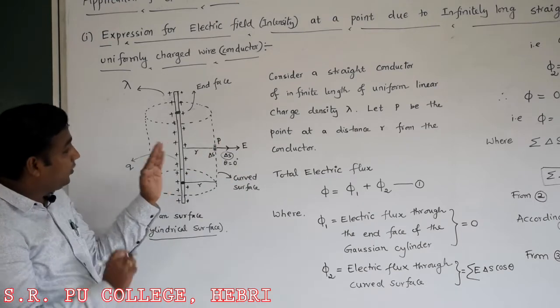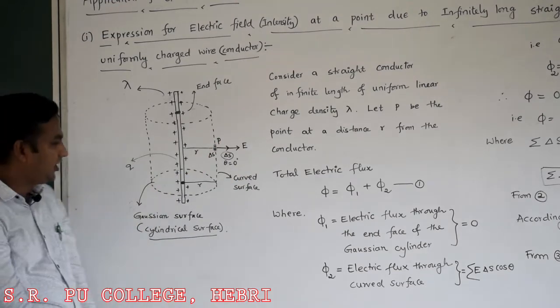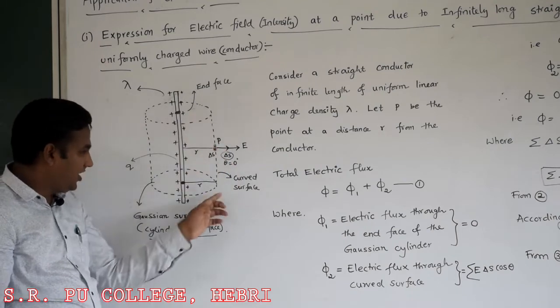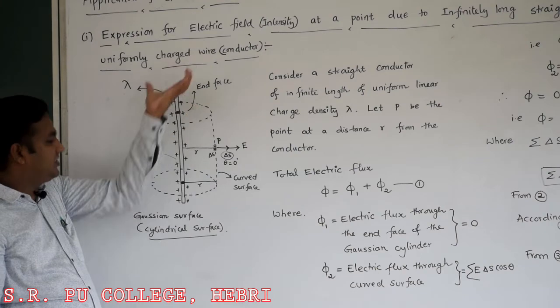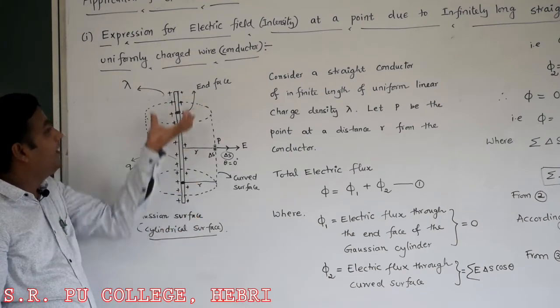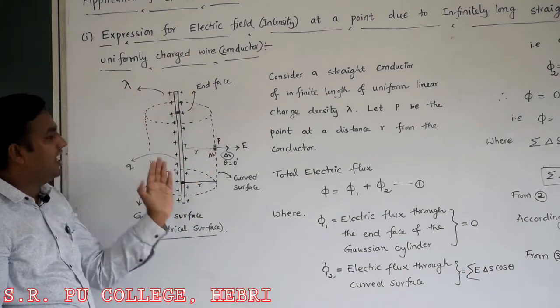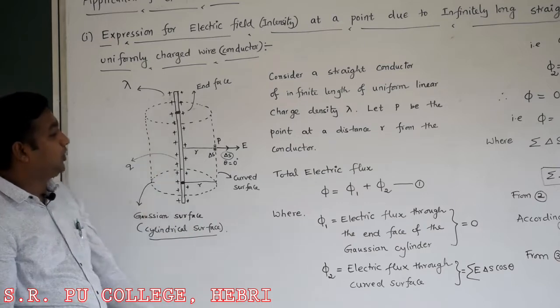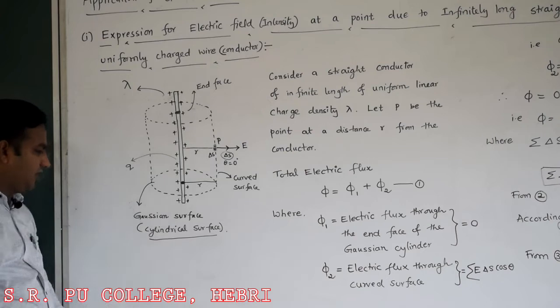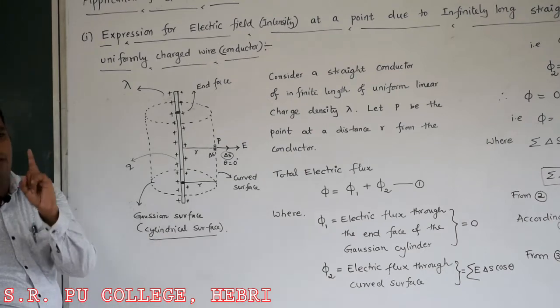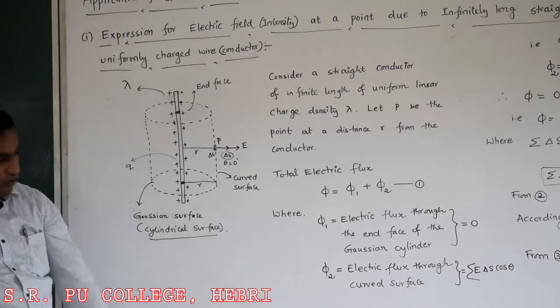And again there are two important surfaces we have taken. One is the curved surface of this cylinder. Another one is the end face of the cylinder. There are two end faces of the cylinder in this diagram. Now, calculating the total electric flux is the second step. Assuming the Gaussian or cylindrical surface was the first step in the application of Gauss theorem.